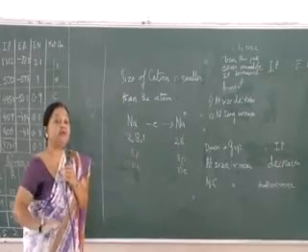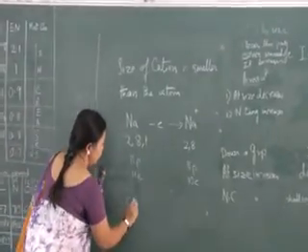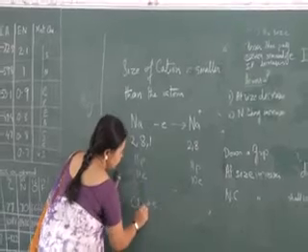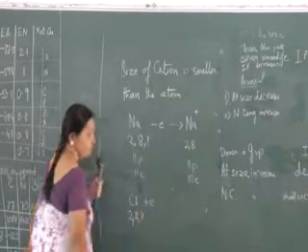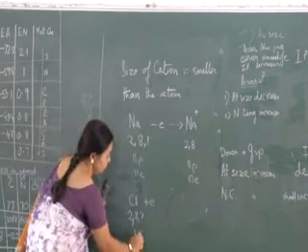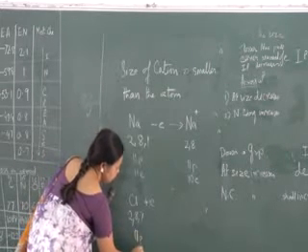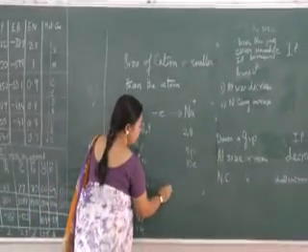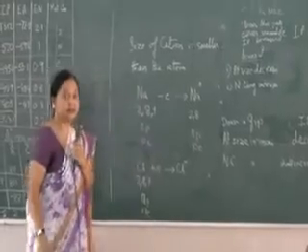Now what happens when it forms a negative ion or anion? Let us take the example of chlorine. Chlorine gains an electron. What is the configuration of chlorine? 2, 8, 7. That is 17p and 17e. So when it gains an electron, it converts into an anion, chloride.